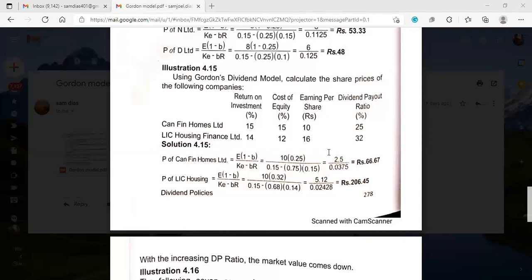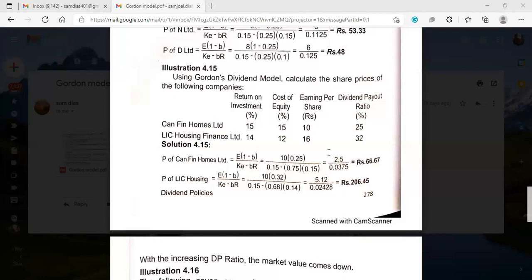Out of 100, if they are paying 25, that means they are going to hold 75 with themselves. So the dividend payout, that is 1 minus B, would be 0.25. Then we require the cost of equity, KE. KE is given as 15% for Canfin Homes Limited.